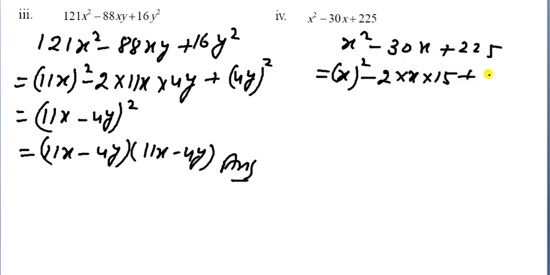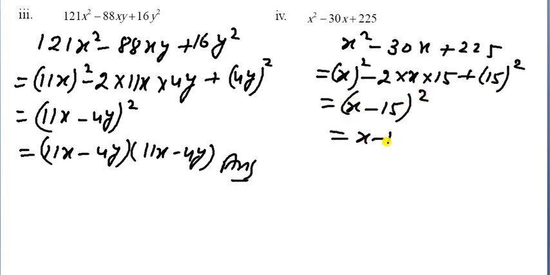So we see here it is 15 whole square. So it is the formula of (x minus 15) whole square. So you can write it two times. So x minus 15, and in the other that is x minus 15. So that one is your answer. Let us see the next question, that is the fifth question.